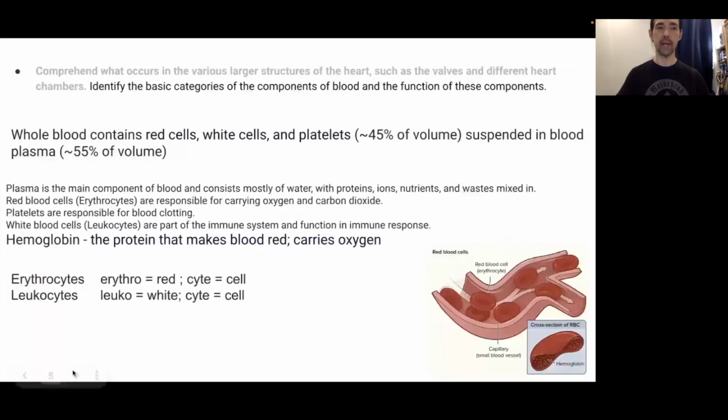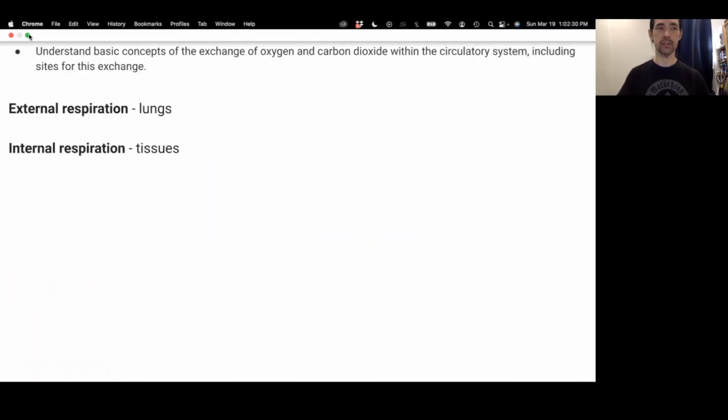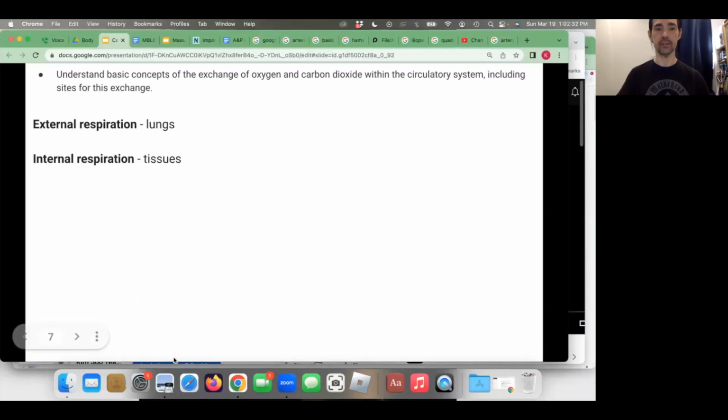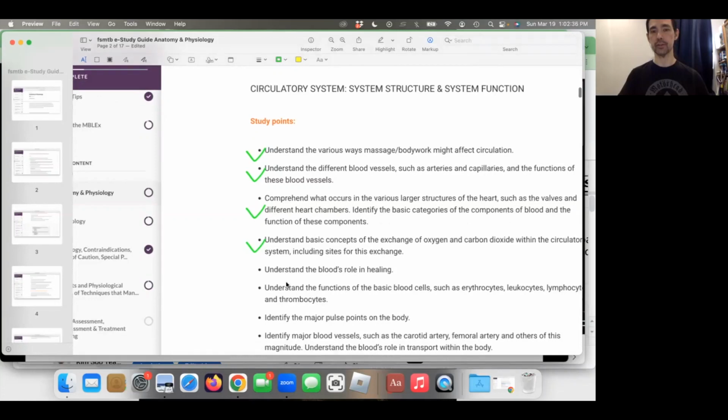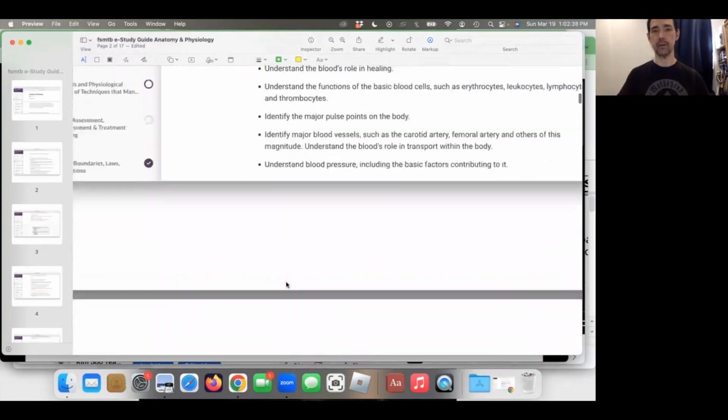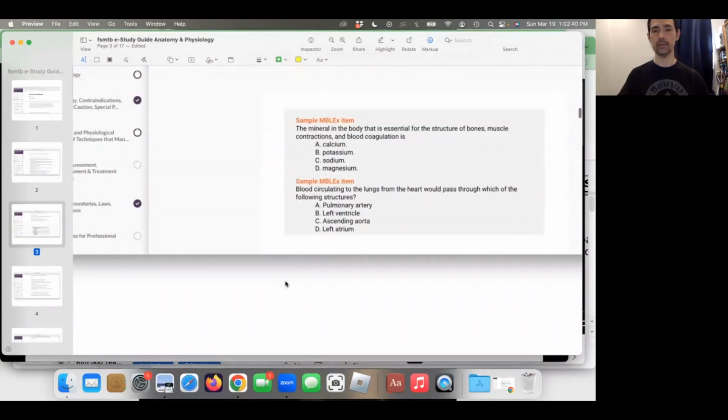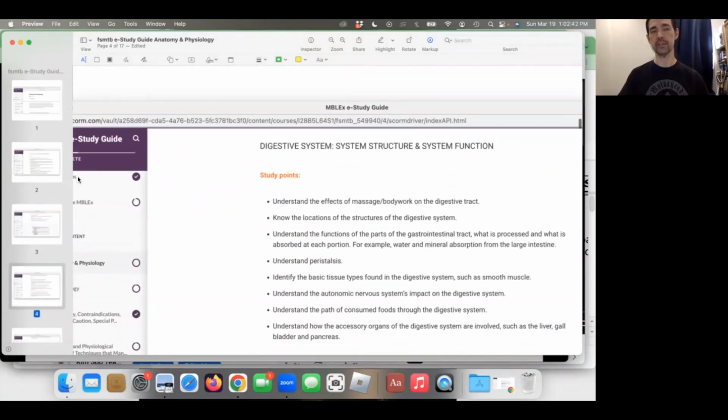More slides will be added to this presentation to cover the other study points in the circulatory system. And once we go through enough of these systems and enough of the sections, anatomy, kinesiology, patho, etc., then we'll start doing some questions from the practice exam websites.